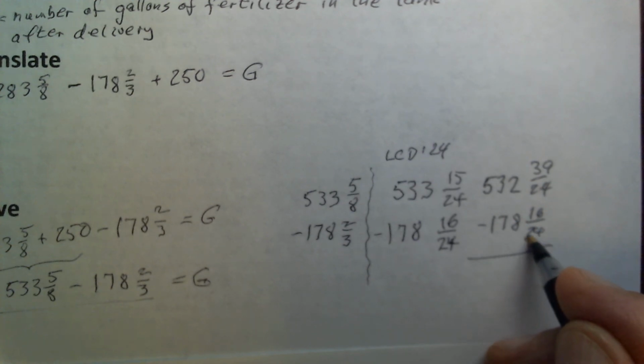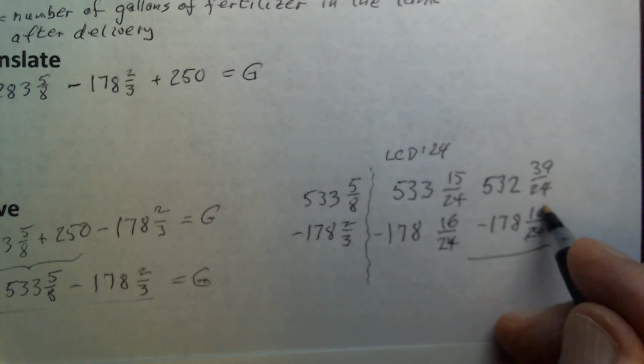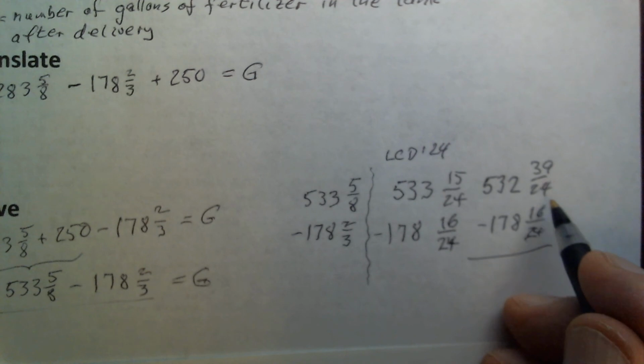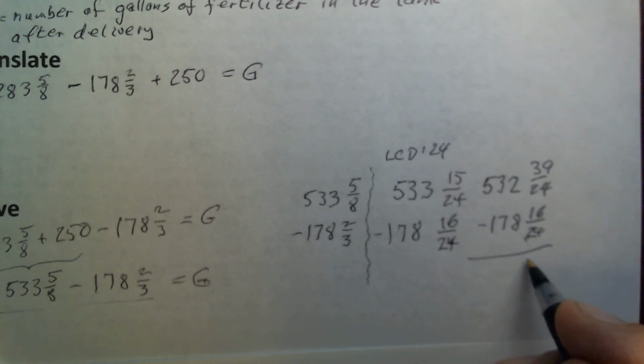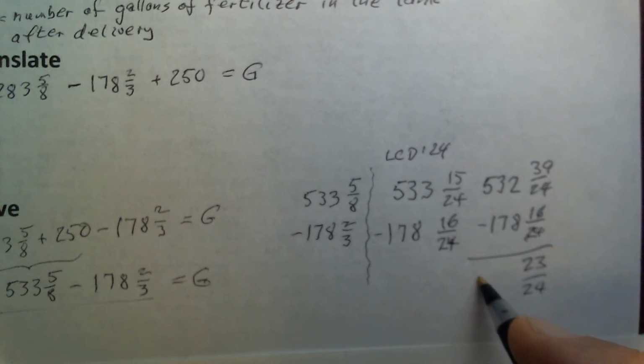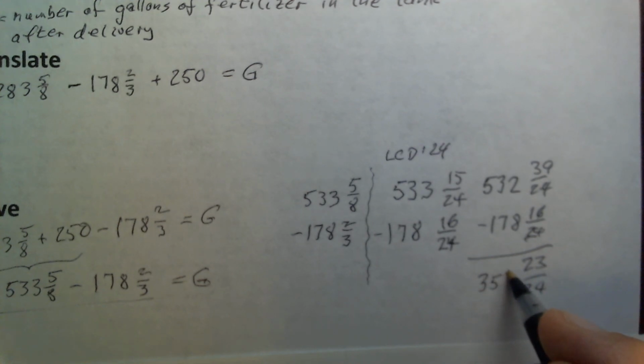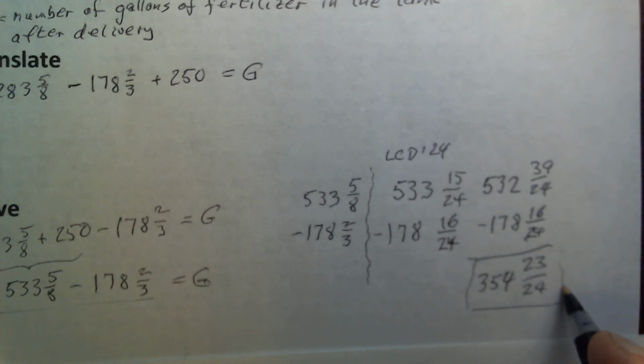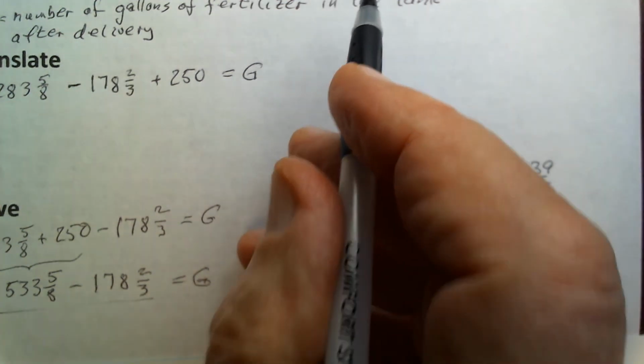So now we can do the proper calculations. And 39 24ths minus 16 24ths is 23 24ths. And 532 minus 178 is 354. So that is the number of gallons of liquid fertilizer that are left there in the tank after the delivery of 250 gallons.